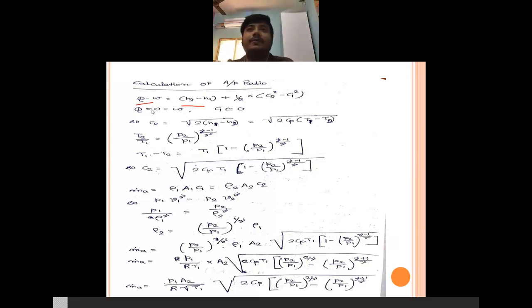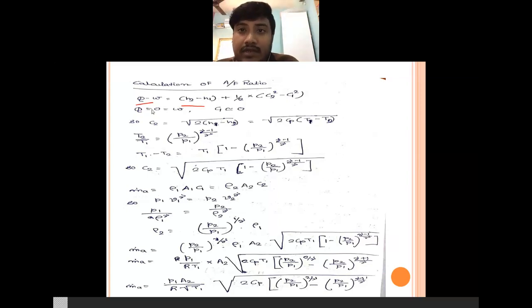As the air is only flowing and the mixture is produced, there is no heat transfer as well as no work transfer. So Q is equal to 0 as well as W is equal to 0.